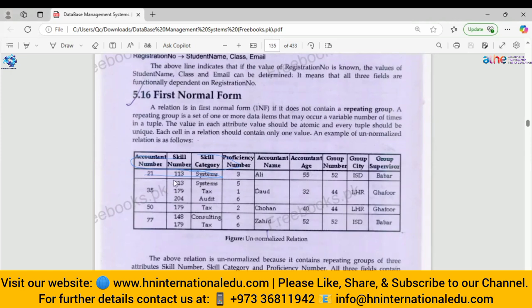So we assign 35 to the first one, this one too. Then we assign 35 to these two. And then we assign 35 to 204 and audit and 62. So we assign the accountant number to each and every cell value separately, so that we can easily normalize the table.